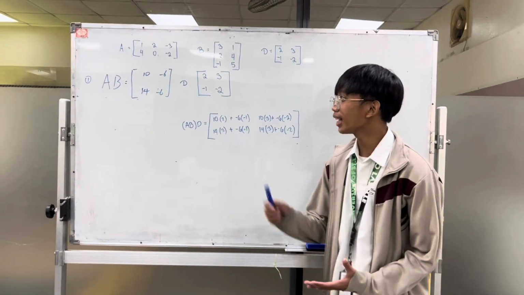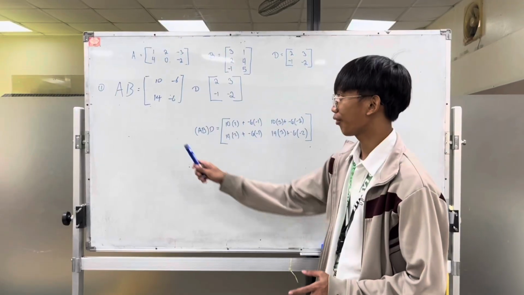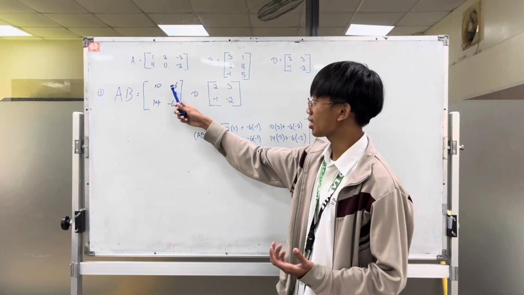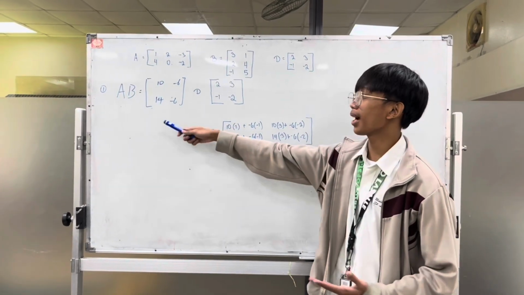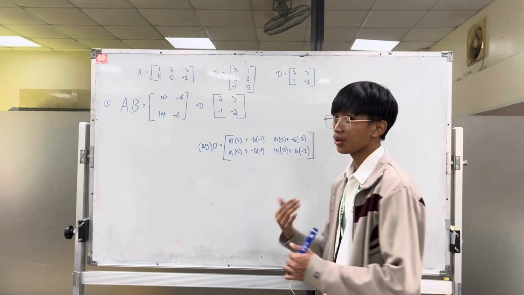Okay, so now let's do AB times B. Earlier, Francis solved for AB. So the answer is 10, negative 6, 14, and negative 6. Now let's multiply these two 2 by 2 matrices. Let's do the dividing method.